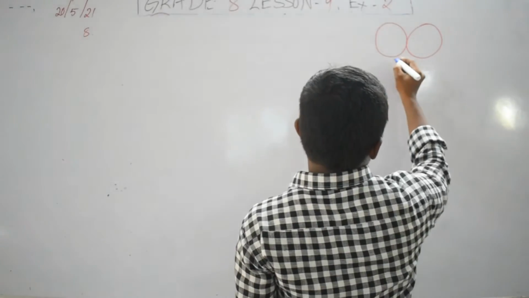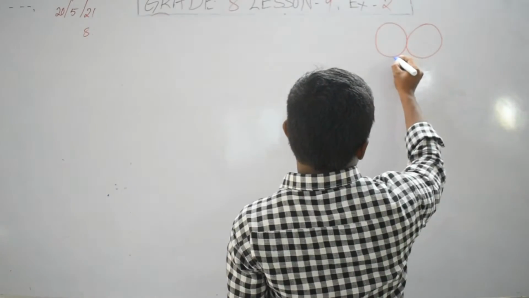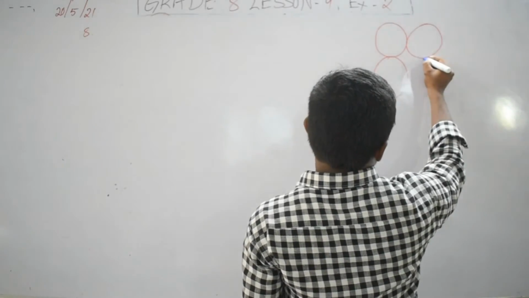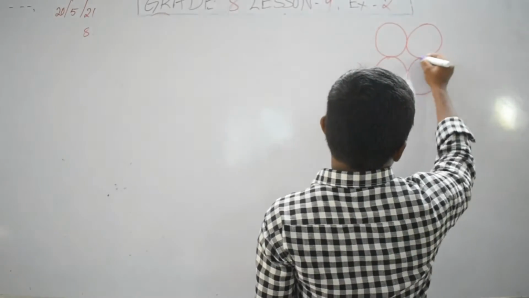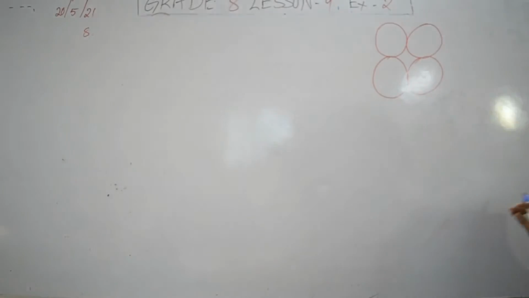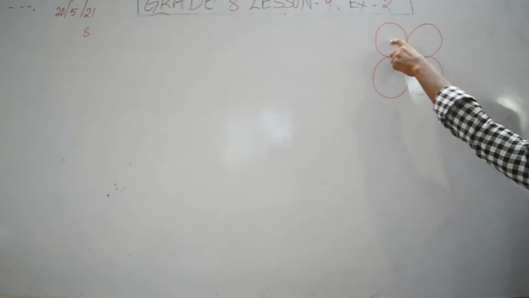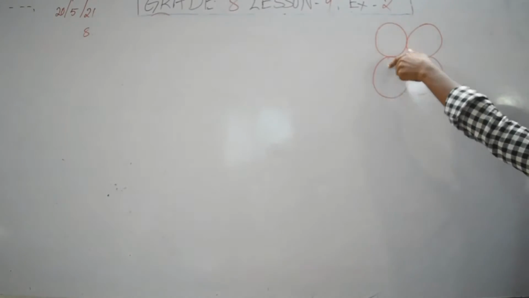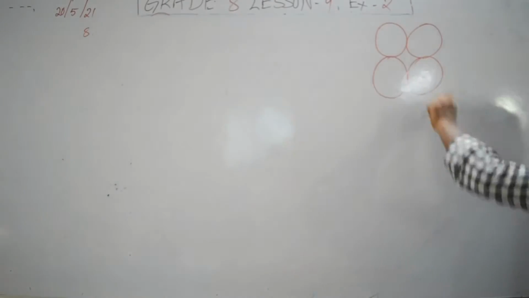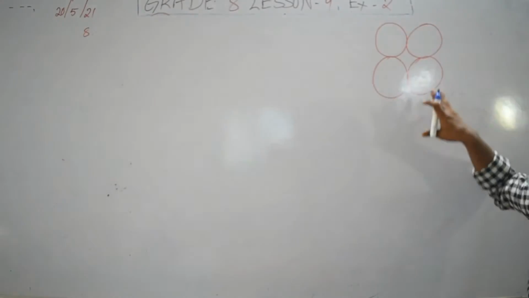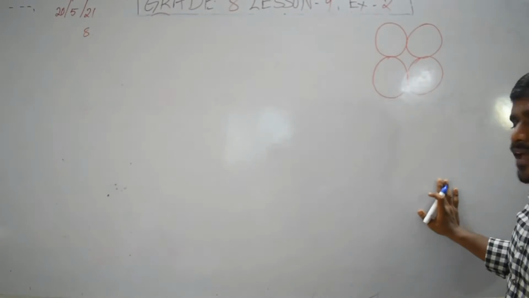Each one touches the others. Each circle touches two circles. This one touches this one and this one, and this circle touches this one. The four circles are arranged like this.